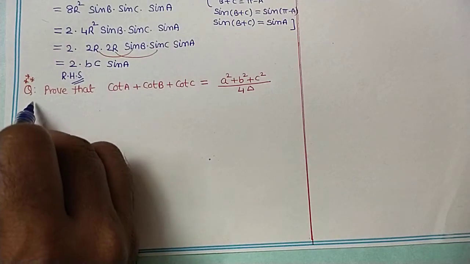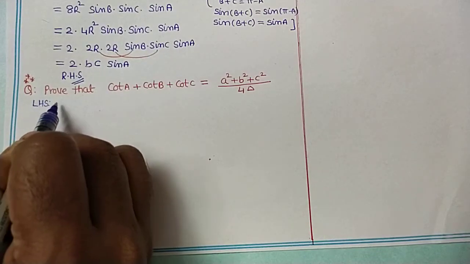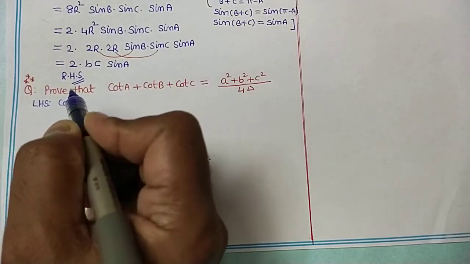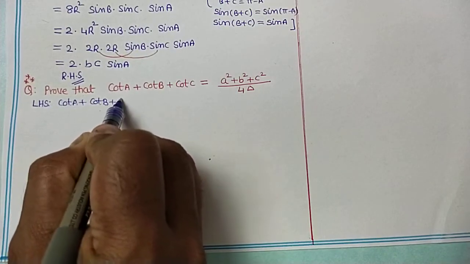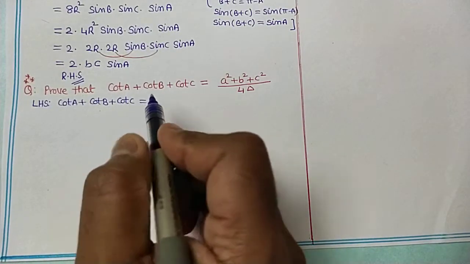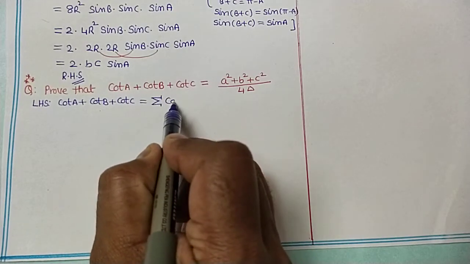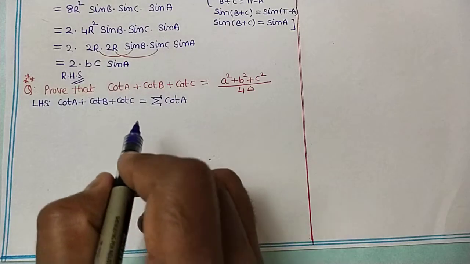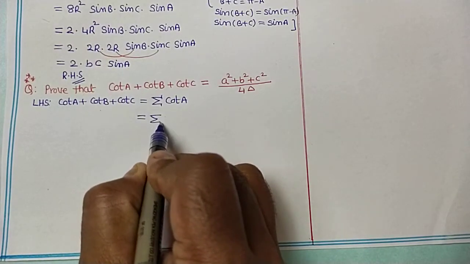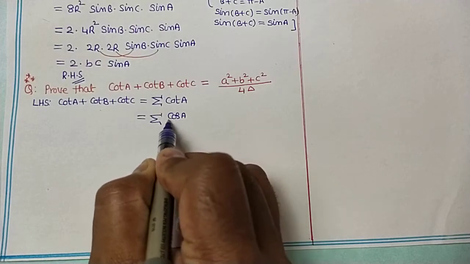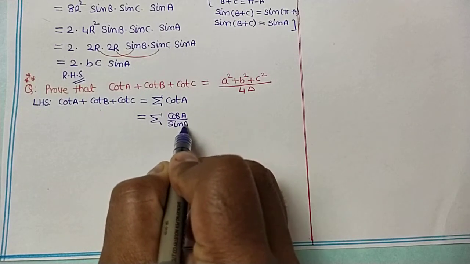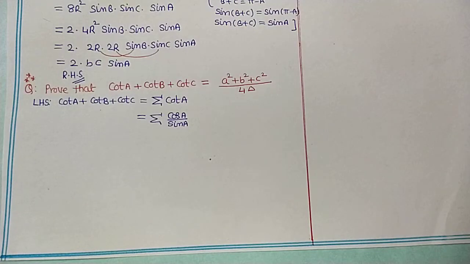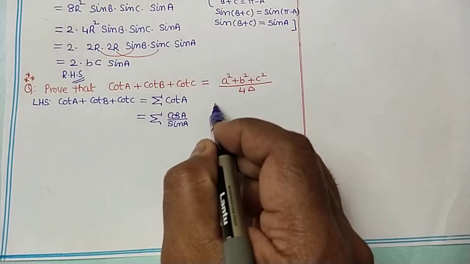Consider LHS. What is LHS here? Cot A plus cot B plus cot C, which is equal to, we can write like this now, sigma cot A. Simply, cot A we can write as the ratio of cos and sin. So now sigma cos A divided by sin A. After writing these values, you have to write the cosine rule.